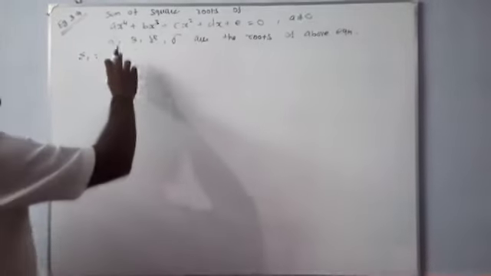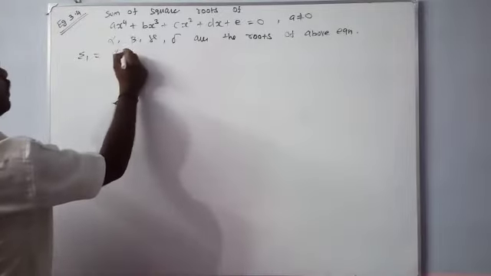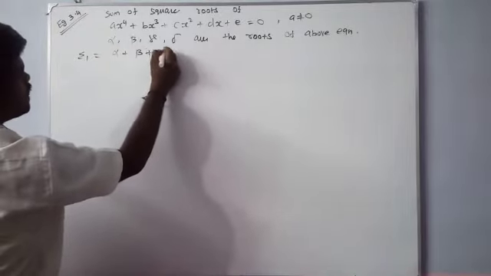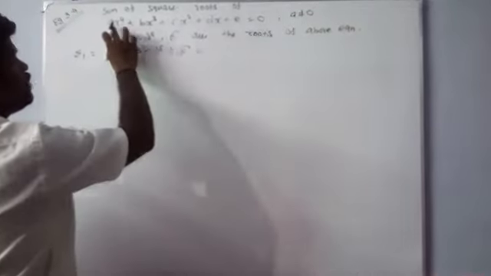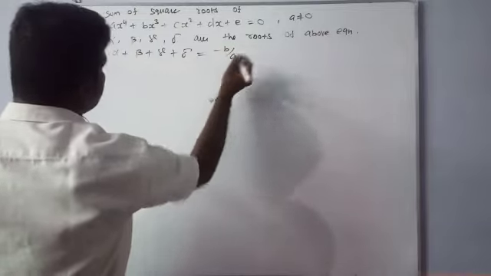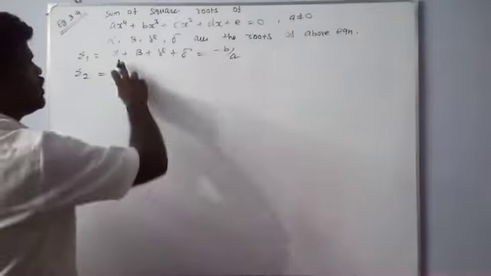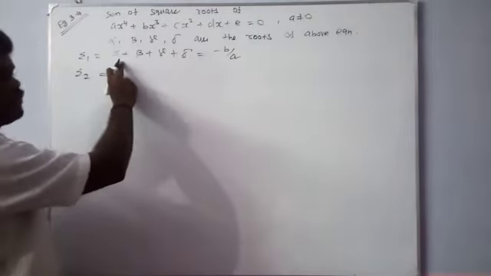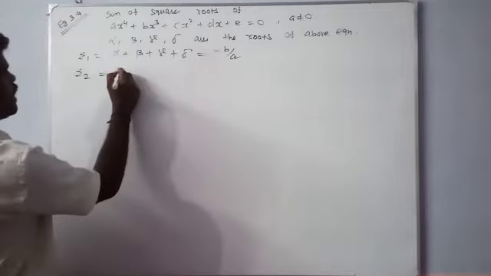First, summation 1. How to find the fourth degree polynomial roots? Alpha plus beta plus gamma plus delta equal to, first term plus and second term minus, so minus b by a. And summation 2: the product of two roots at a time. Take alpha with the other three terms. So what is the value?